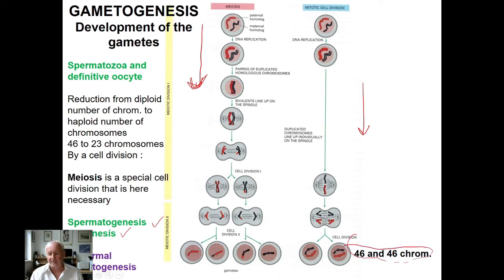In each daughter cell, once more, 2n, 46 chromosomes. By a meiotic division, we have to come to the result that in the last cell there will be only 23 chromosomes, each chromosome with only one chromatid. This is the first basic task of meiotic division, to reduce from the diploid number to the haploid number of chromosomes.